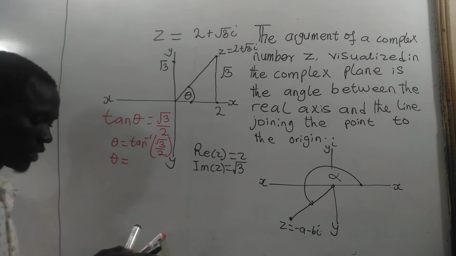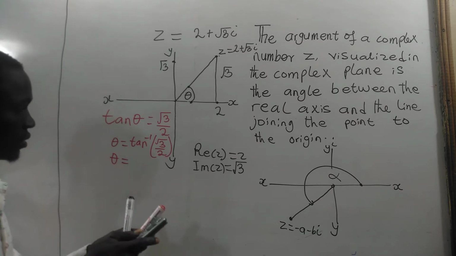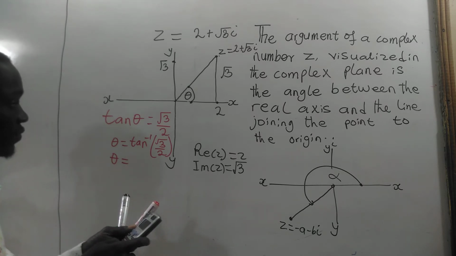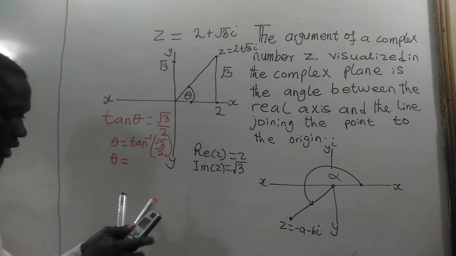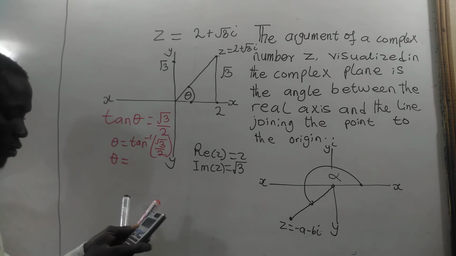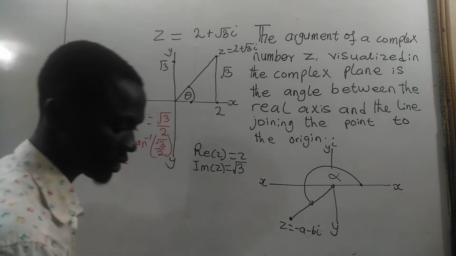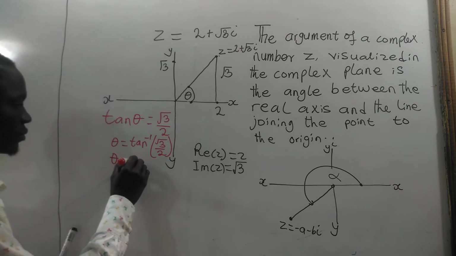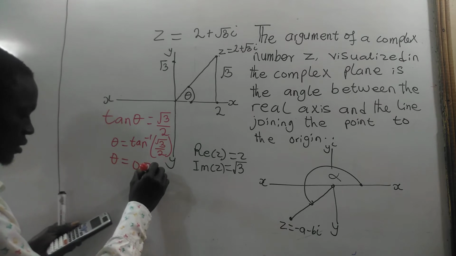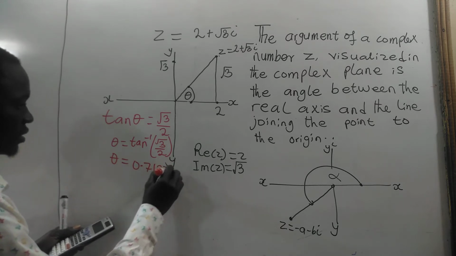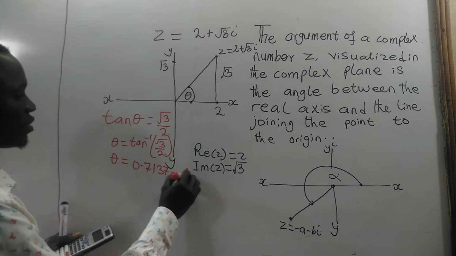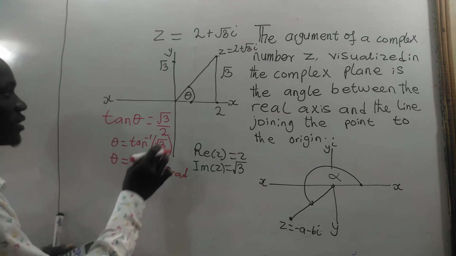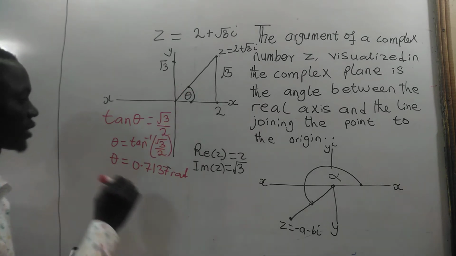I have my calculator here. You set your calculator into radians. So you press shift tan inverse of root 3 on 2, and that will give us 0.7137 in radians. So that is the argument.